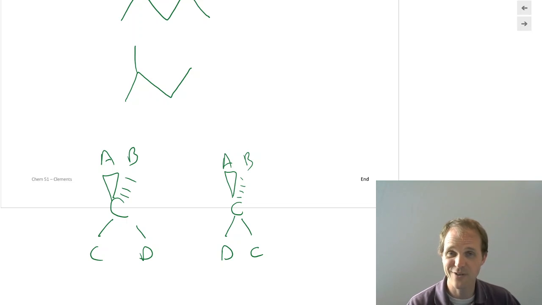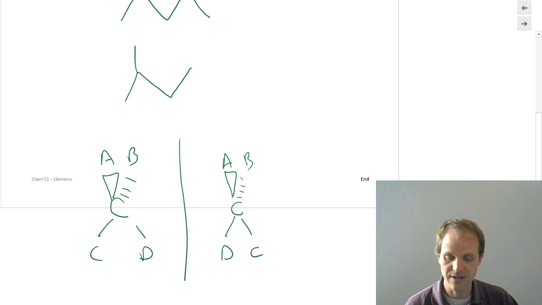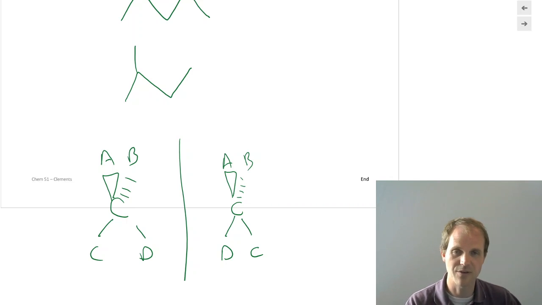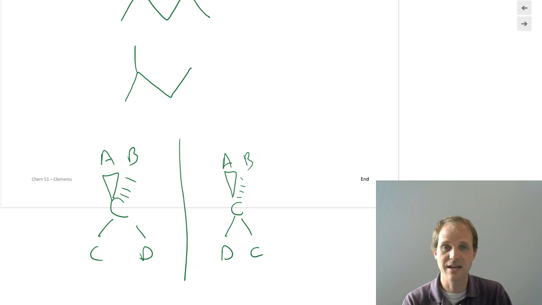I've got 4 different things attached, right? And if I just swap one of them, I make a mirror image of it, then those 2 molecules are non-superimposable. So I cannot put the one on the left on top of the one on the right and just rotate it in just a way. It's a mirror image of it, and it's non-superimposable. So they call it a non-superimposable mirror image is how you figure out a stereoisomer.